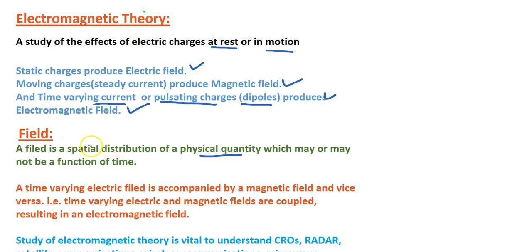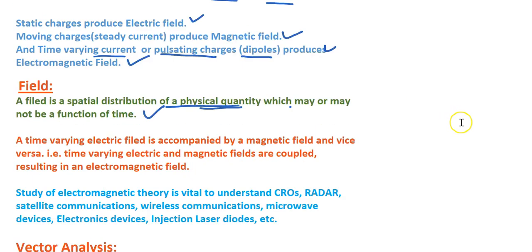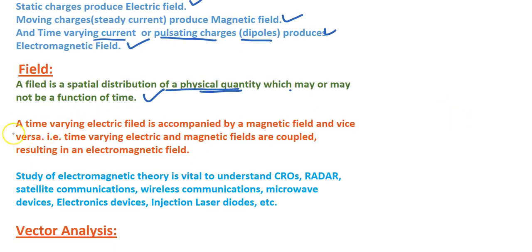A field is a special distribution of a physical quantity which may or may not be a function of time. For example, electric field, magnetic field, like that. A time varying electric field is accompanied by a magnetic field and vice versa.